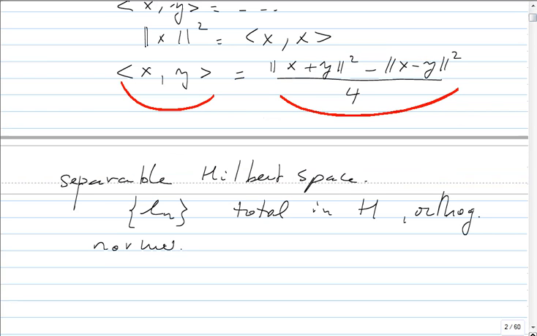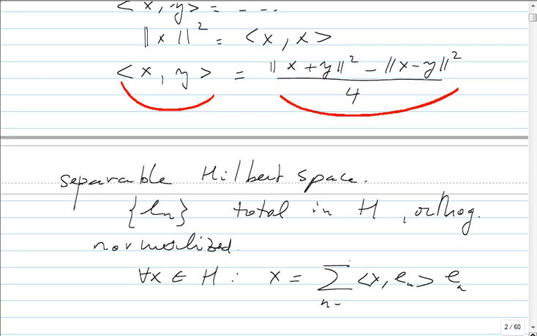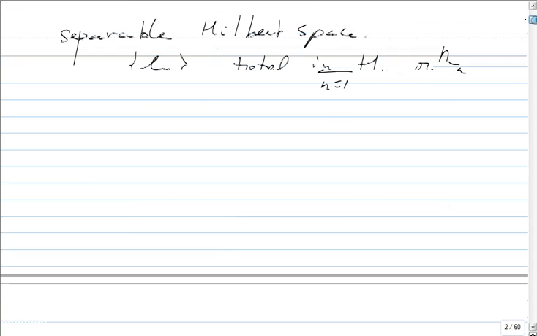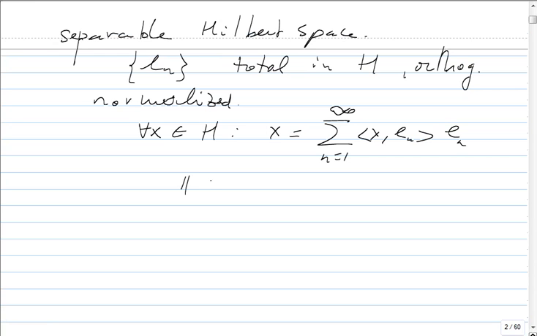We can do this, as I told you, with Gram-Schmidt, for example. Then for every x in H, x becomes the sum of (x dot e_n) e_n, from n equals 1 to infinity. And you have Parseval's identity, that the norm of x squared is just the sum of |x dot e_n| squared from n equals 1 to infinity.